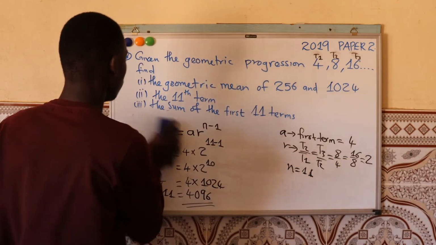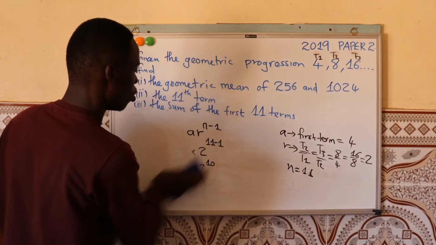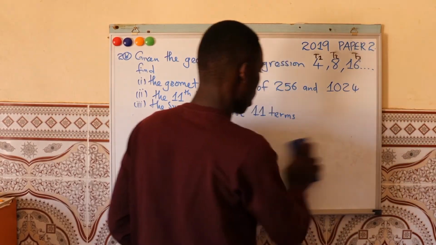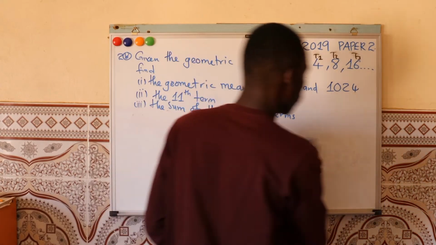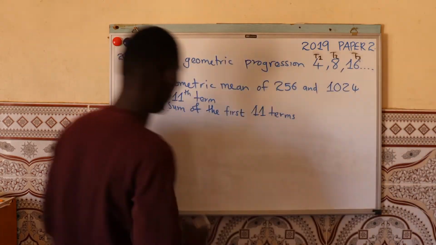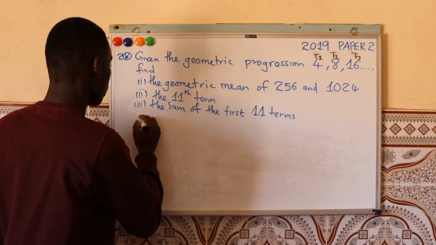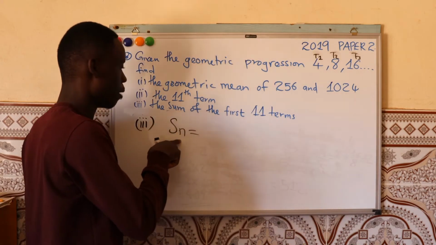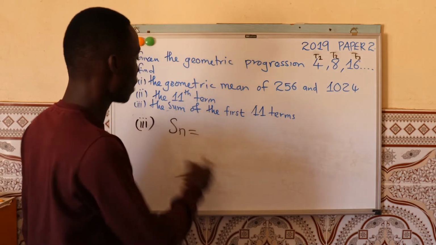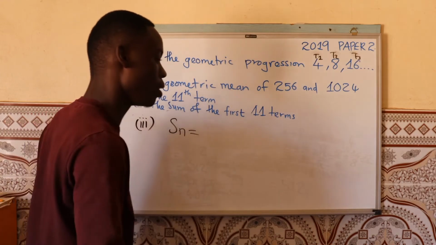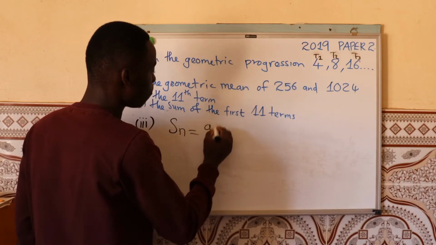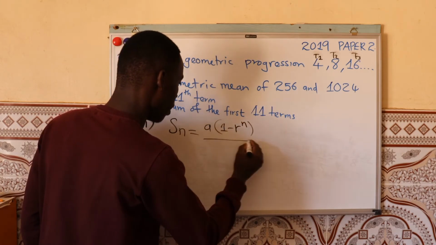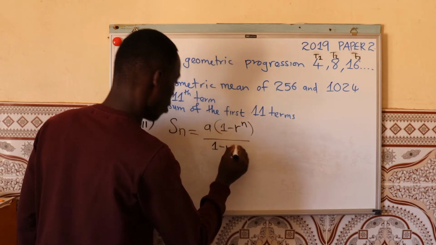And finally, we go to the last question, which is finding the sum of the first 11 terms. The formula for finding the sum of the first n terms, in our case 11 terms, is A times 1 minus r to the power n, divided by 1 minus r.